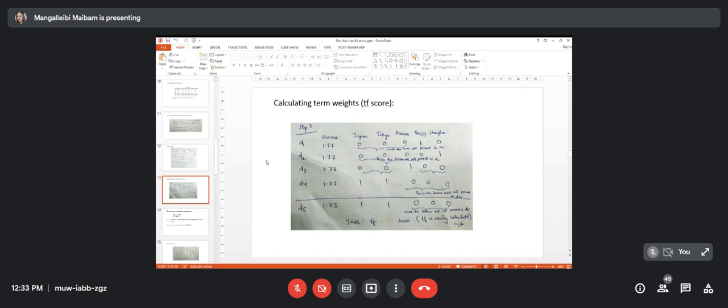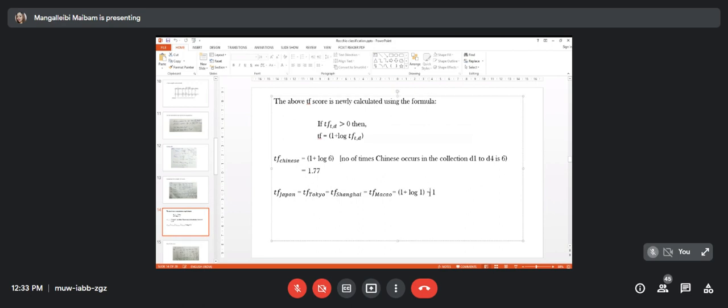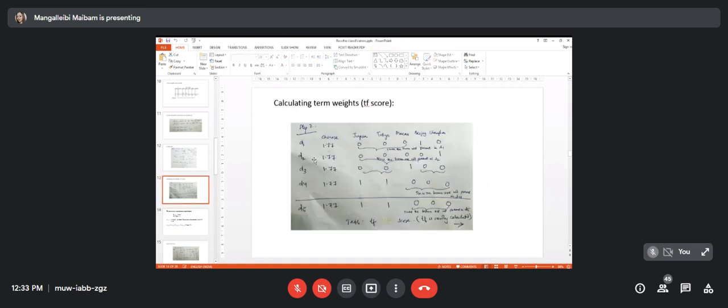And for the remaining terms, if the term is present in the particular document, it will be 1, because the term occurs one time only, so we got TF score as 1. So in D2 only Shanghai is there, so 1. Others will be 0.